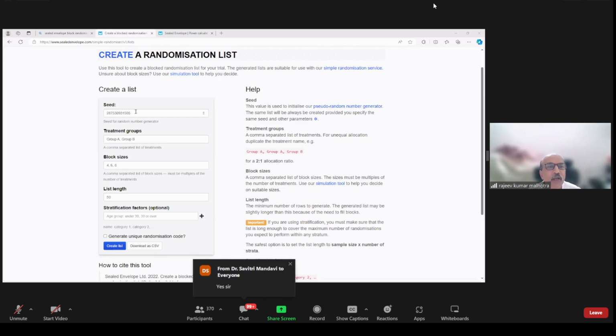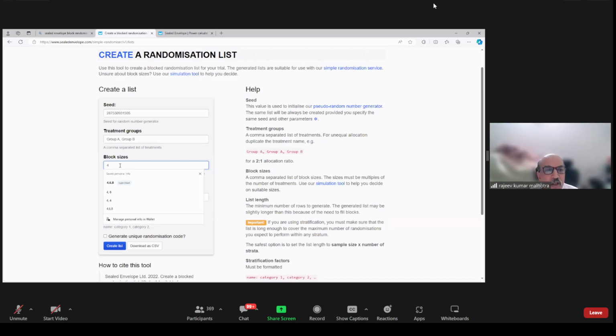Whatever is written, you have to retain it for future repetition. So we have two groups, A and B. This is the block size. Because we have two groups, you can put a block size that is a multiple of two. So I put a fixed block size of 4.